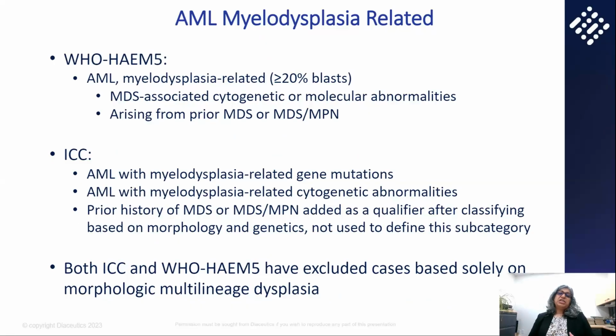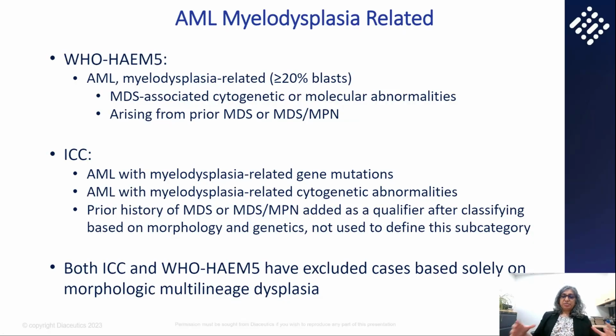WHO classification has this broad umbrella called AML myelodysplasia-related. That's a specific category, and you can get to the diagnosis if a case of AML has MDS-associated cytogenetic or molecular abnormalities, or if this AML arises in a patient with a prior history of MDS or MDS/MPN.